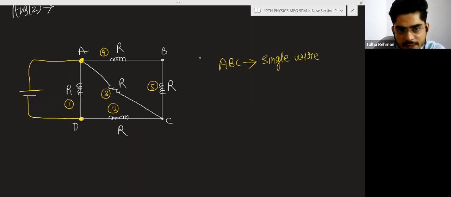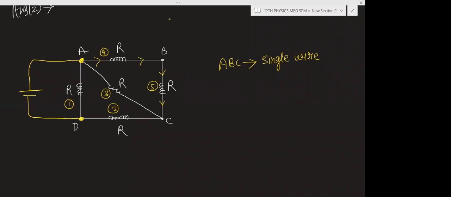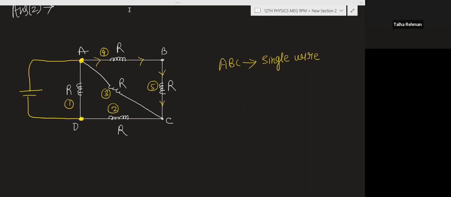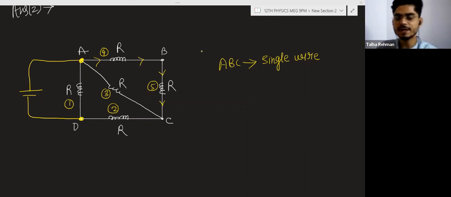Because the current here will be same, because there is no branching in this wire. There are no branches here. So you can say ABC is a single wire, and I told you that on a single wire, Hamza, resistances are connected in series or parallel?